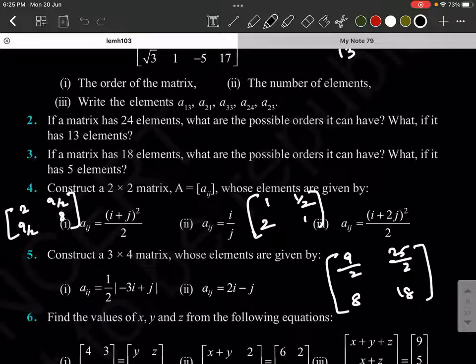Construct a 3 cross 4 matrix whose elements are given by this. So remember, it is a modulus, so all values are expected to be positive.